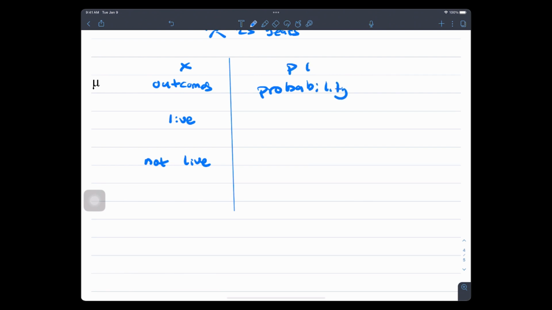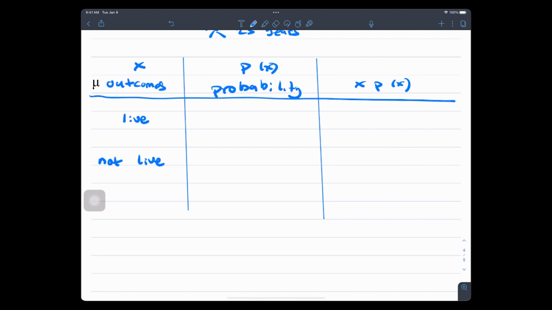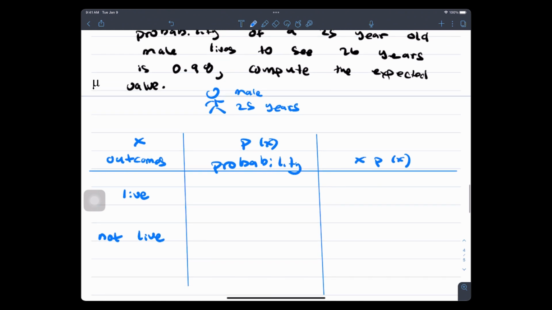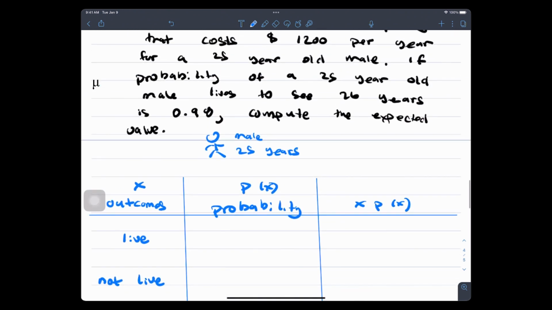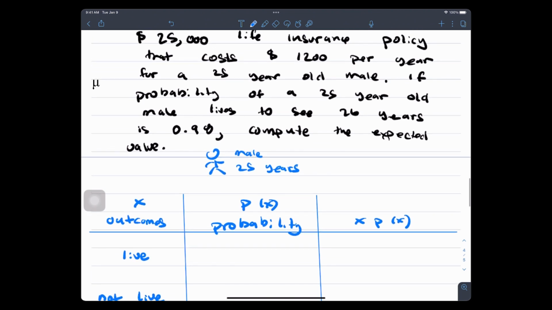Here's what P of X. Okay, you guys okay with that? So let's go back and read. You guys agree if you're a 25-year-old male, because this is how life insurance works, right?